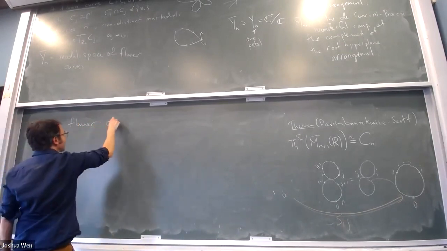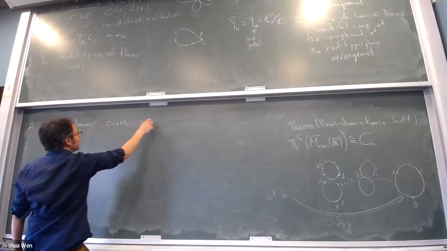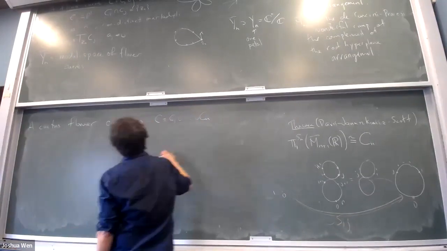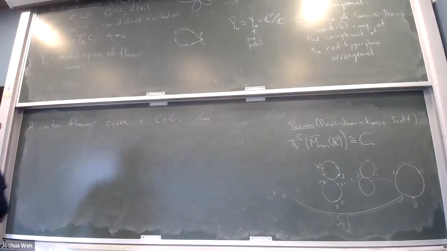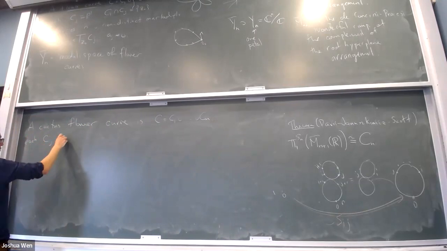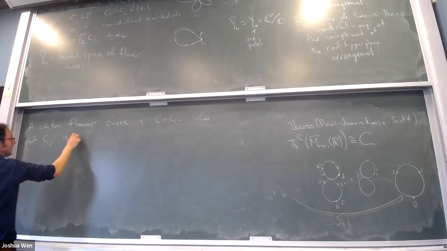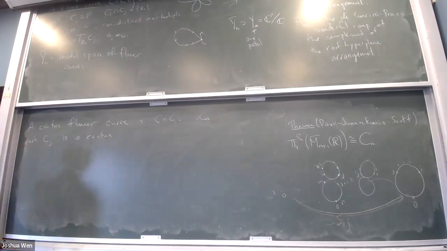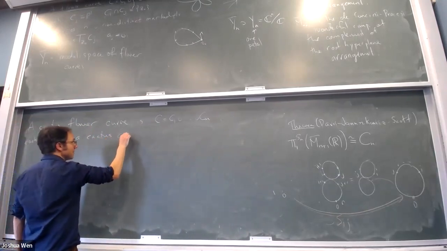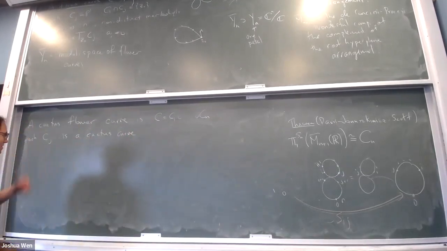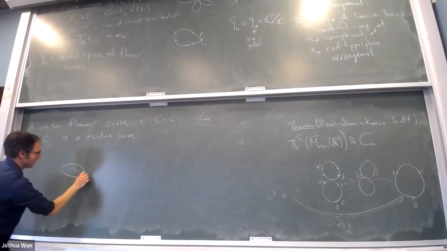So a cactus flower curve is a sequence of curves, and everything is still the case, but now each C_j is not a P^1, but itself a cactus curve. So it carries distinct marked points, but still carries this tangent vector, and the components all meet in one point. So it looks something like this.